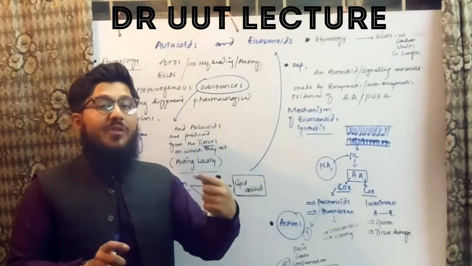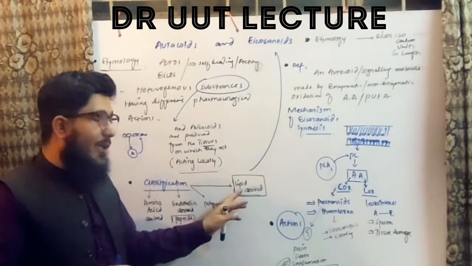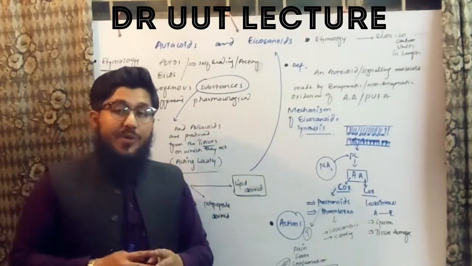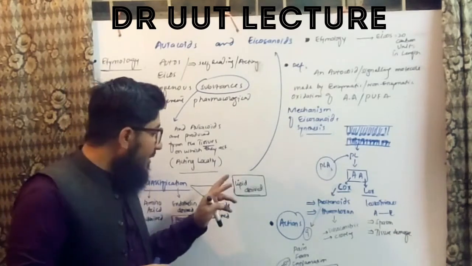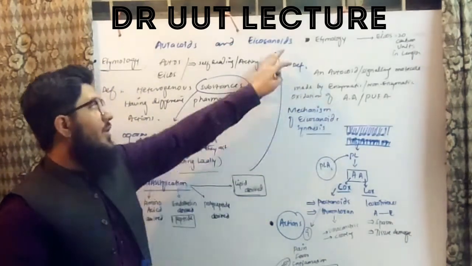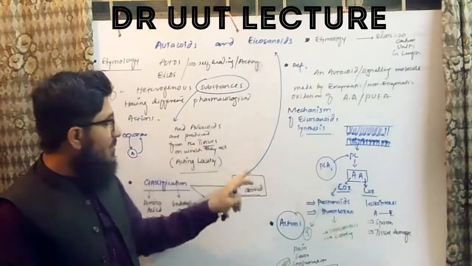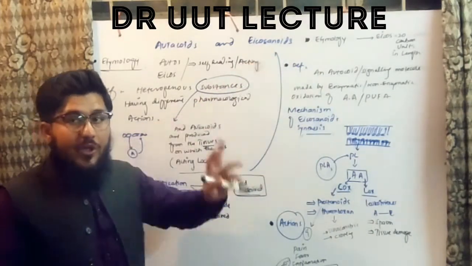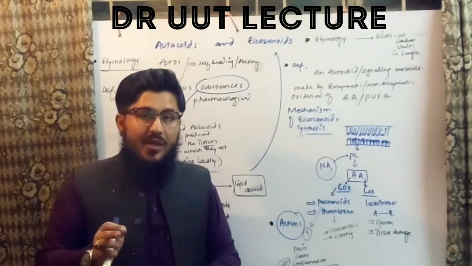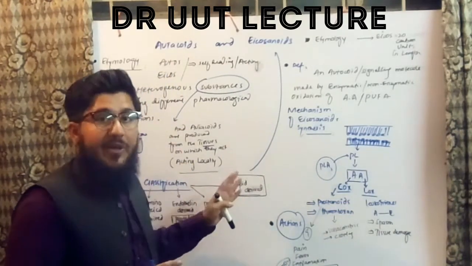Another very different class is the lipid derived. Some autacoids are actually derived from the lipids. And another very interesting point is that these lipid derived autacoids are called eicosanoids. So what are eicosanoids? One very simple point is that these are the autacoids which are made up of lipids.